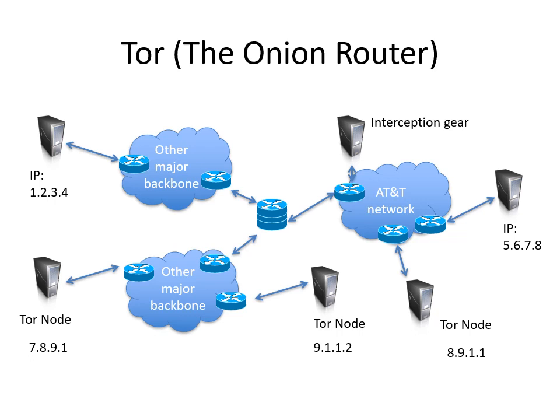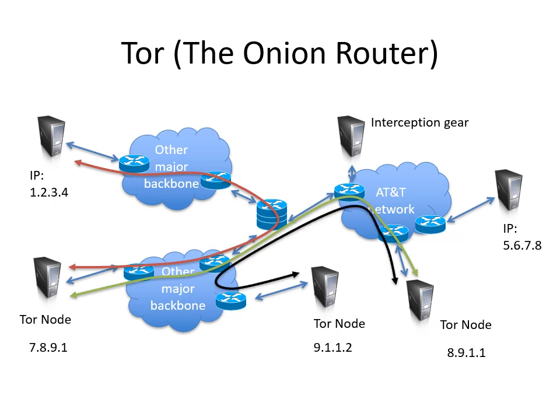So the basic idea here is that if you want to connect from, say, IP 1234 to something else, instead of connecting directly, we will connect to some other somewhat random machine in the internet. In this case, we're going to connect to machine 7891. 7891 will then connect to 8911. 8911 connects to 9112. 9112 connects to 5678, finally.